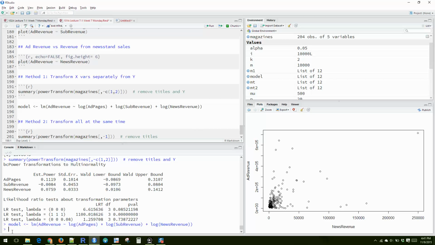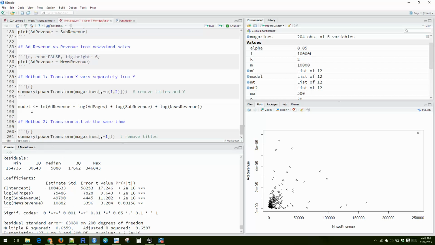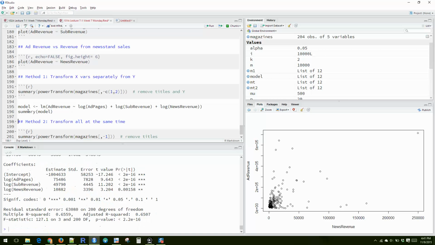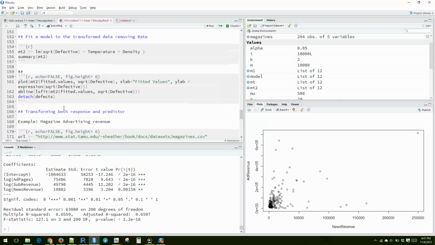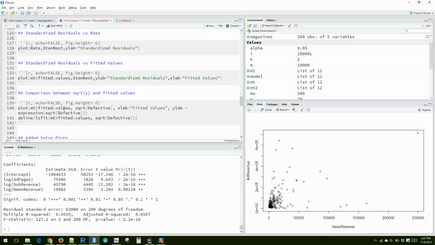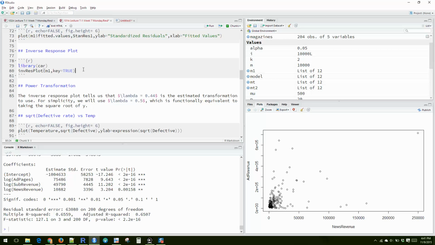Then we can look at the summary of our model. Everything is significant here, but then we want to do an inverse response plot to see if y ought to be transformed.